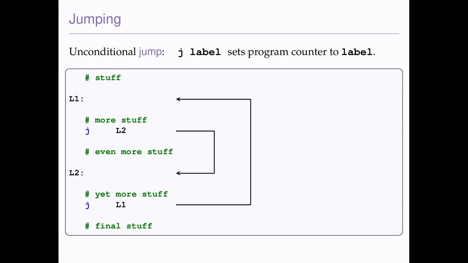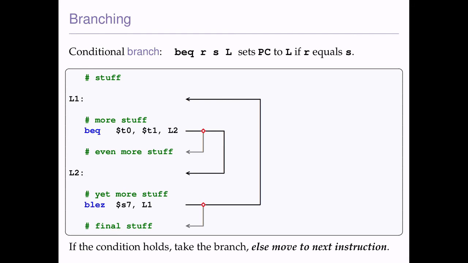The other side of that coin is branching. Branches use a condition. In this case, up at the top here we've got branch if equal, which says set the program counter equal to the label L if the registers R and S are equal to each other. You could think of this kind of like an if statement, and it's similar. It's not quite the same thing because, well, we'll get onto that, but it's a similar concept.